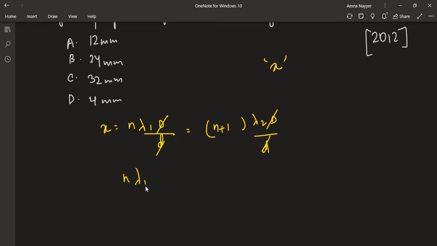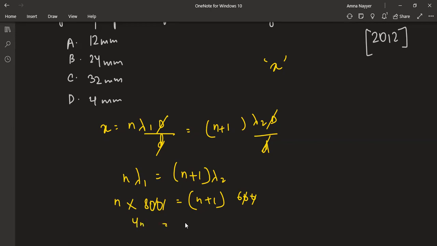You are left with n lambda 1 equal to n plus 1 lambda 2. Now n into 800 nanometer is equal to n plus 1 into 600 nanometers. The 0s will get cancelled, 4 and 3. So we can write this as 4n is equal to 3n plus 3.